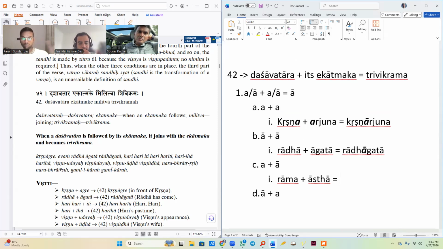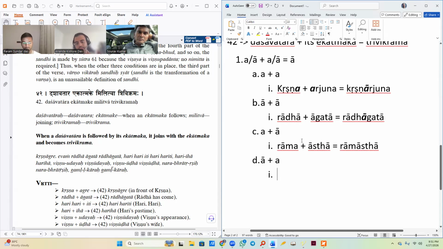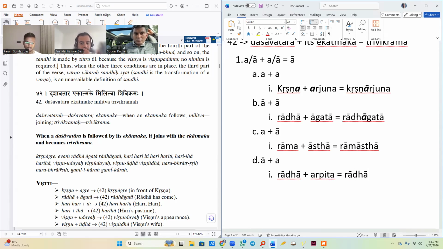So Vamana and Trivikrama combo, so the result would be Ramastha. Then the fourth possibility, let's say something like Radha Arpita. So Vamana, Trivikrama and Vamana. So the result is Radha Pita. Got it?